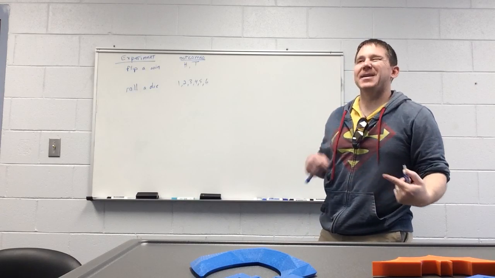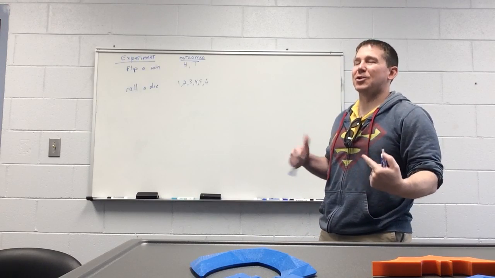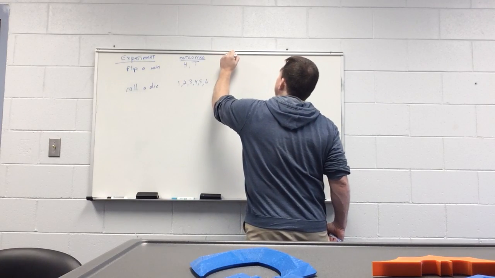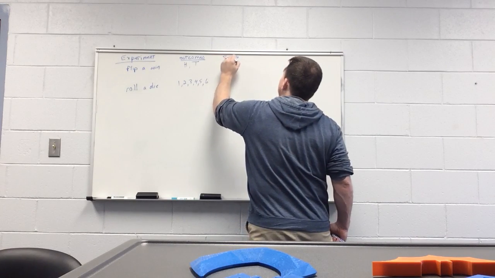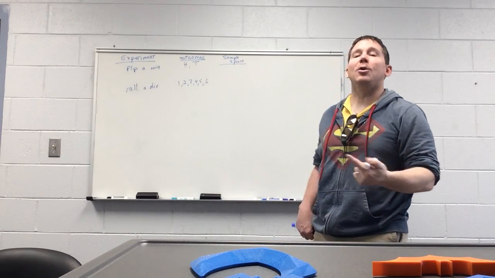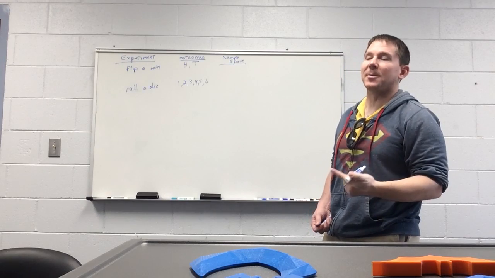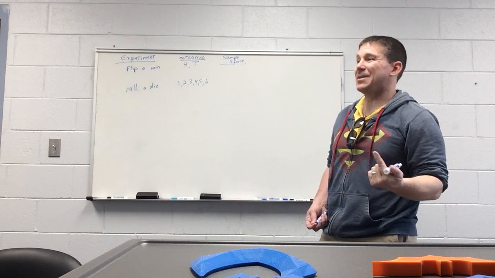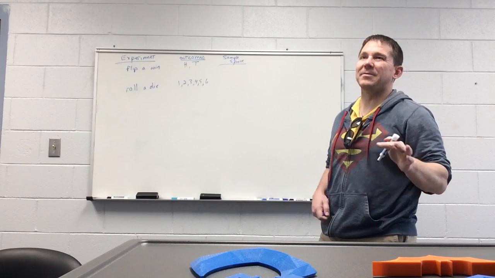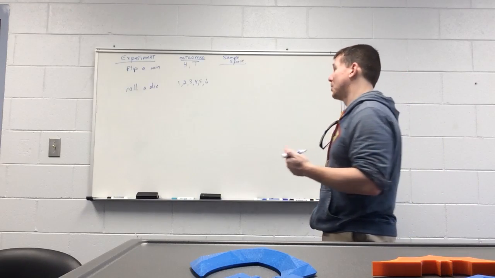But then as far as the terminology we use in probability, we talk about what's called a sample space. The sample space is just all possible outcomes for your experiment. And normally we write it in set notation. I don't know if your instructor in 143 will do that, but it's kind of the standard in probability, so we'll go with it.